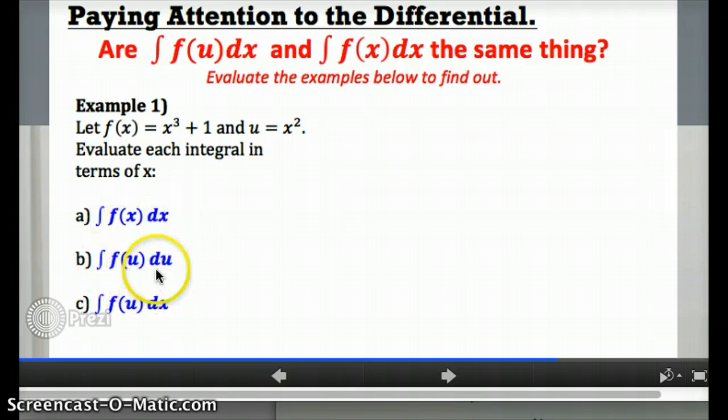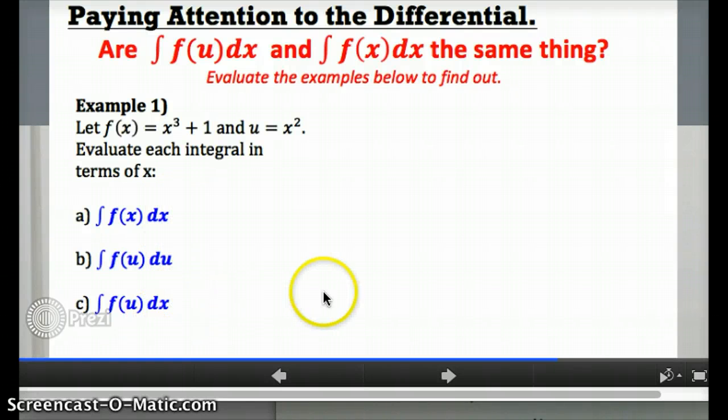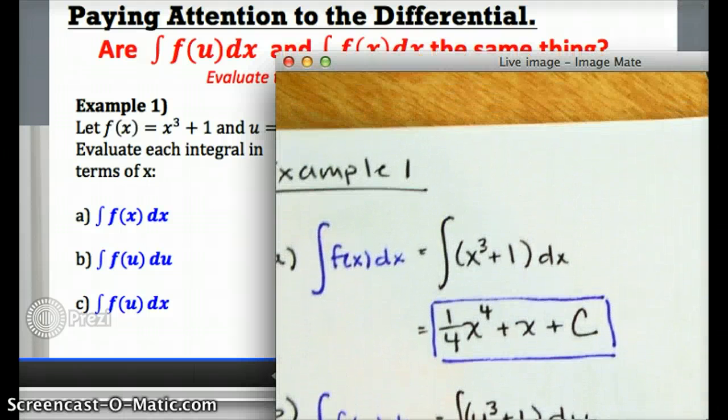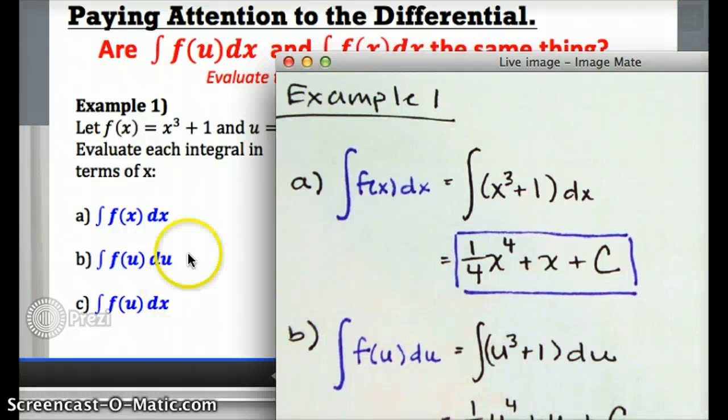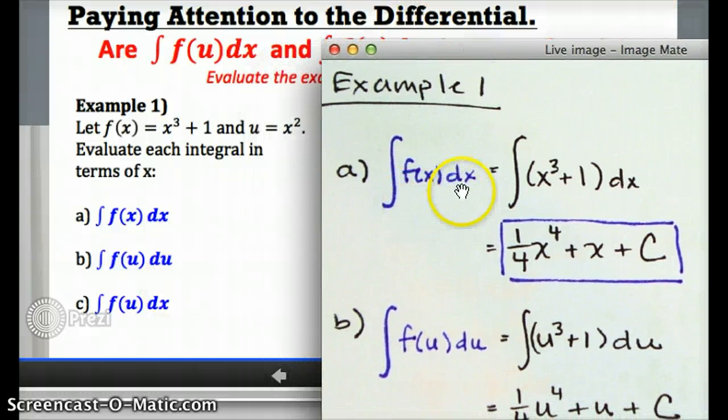We evaluated each of these three examples and we saw that they turned out to be different. I'll just scroll through it here for anybody who missed class. Assuming that x is x cubed plus 1 and u is x squared, we can evaluate the first integral as follows. The second integral would look like this.